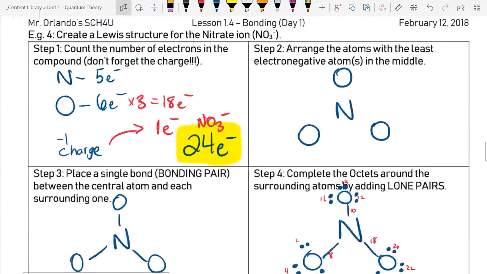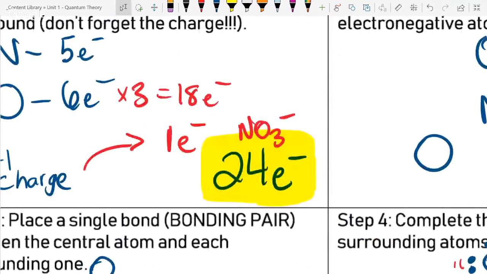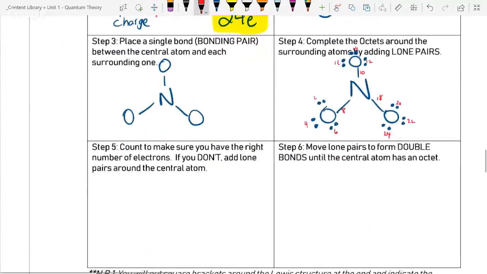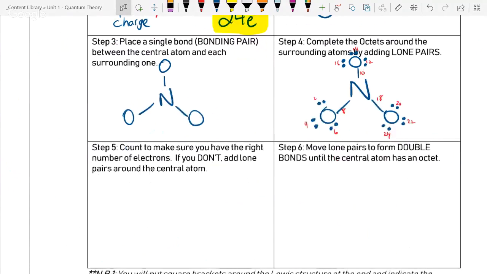How many electrons can this compound have? 24. So can I add any? By the way, you will get questions where you have more electrons to work with, in which case you put them on that central atom. In this case, do I have any more electrons? No. So I don't have any more electrons.